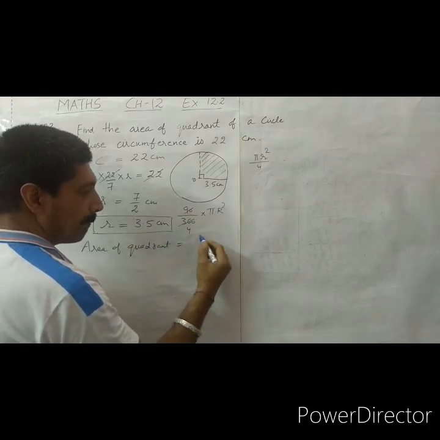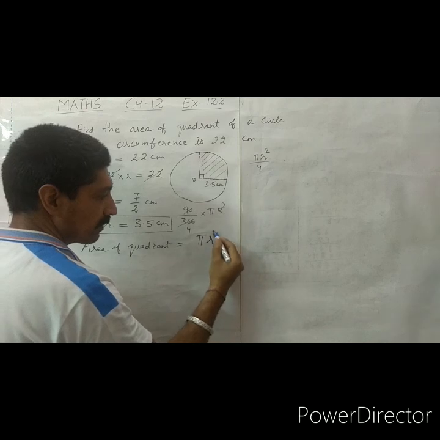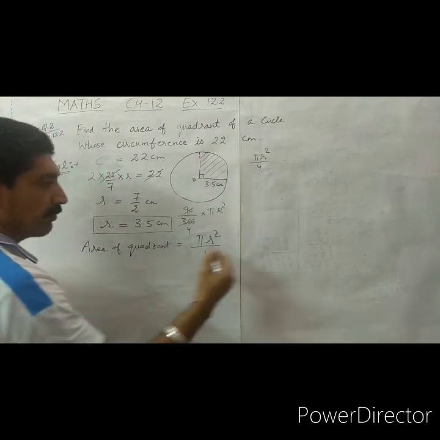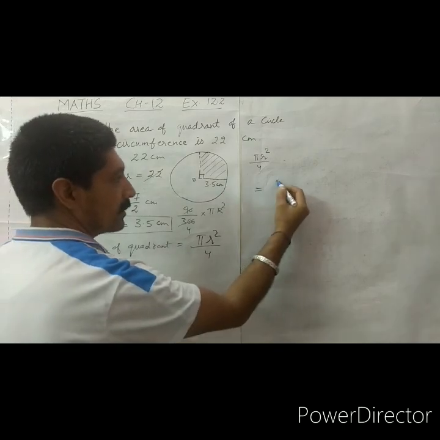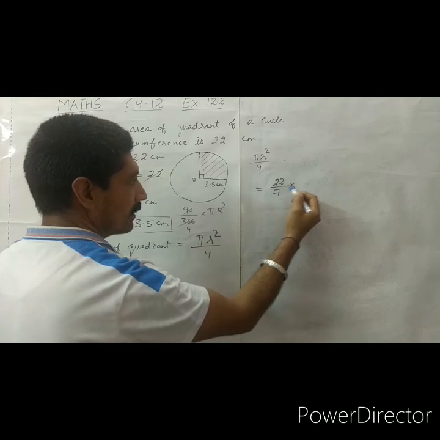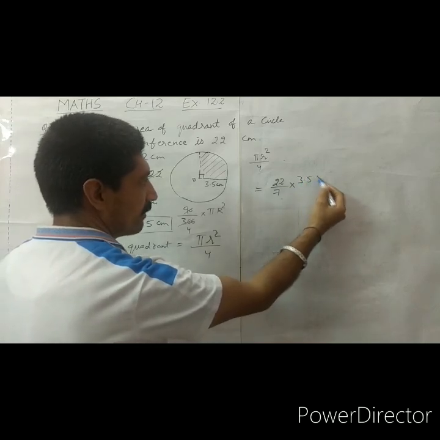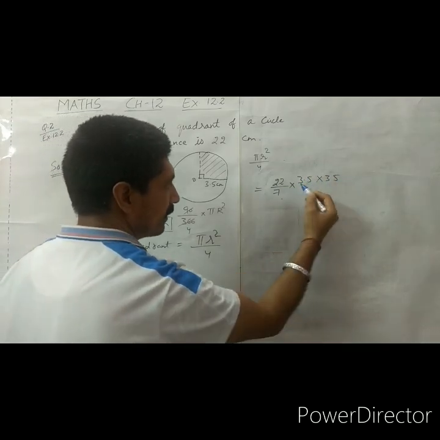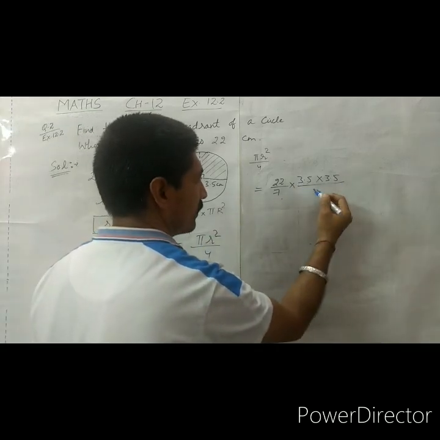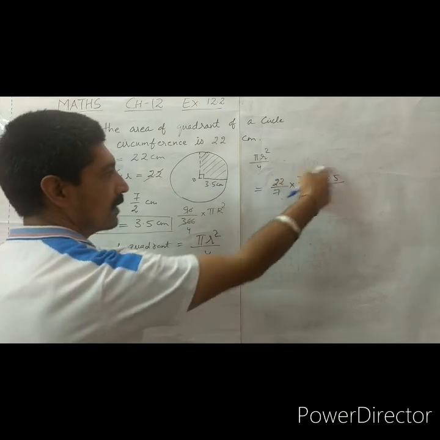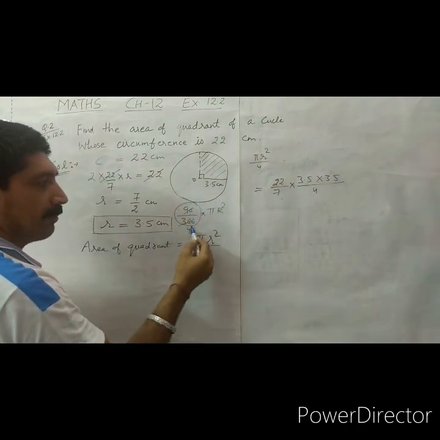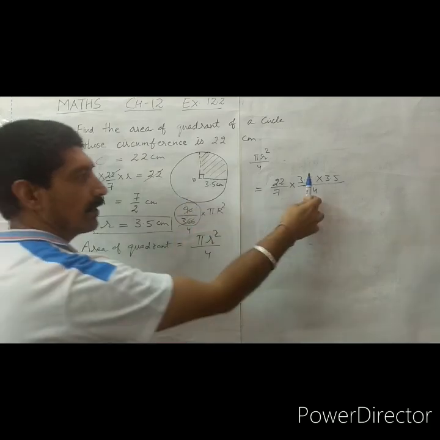So we can put the value of r, that area of a quadrant is equal to pi r square divided by 4. So here we have pi 22 upon 7, r is 3.5 into 3.5 and into 4 divided by 4, pi r square divided by 4, because here we have gone through 90 upon 360, that is 1 by 4 here.